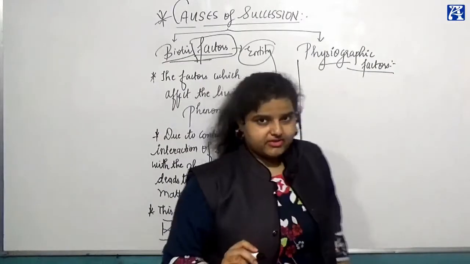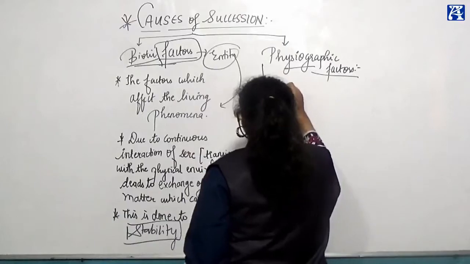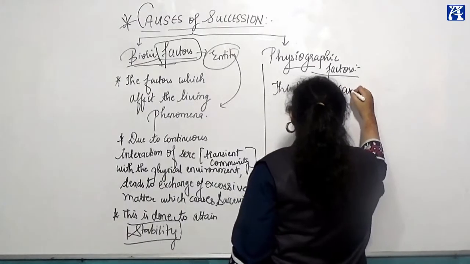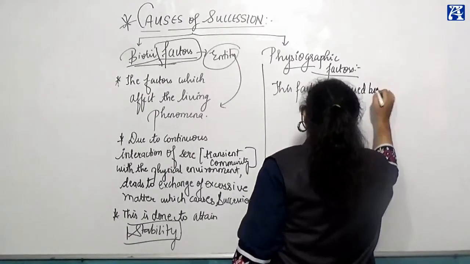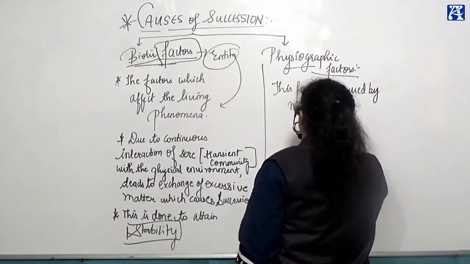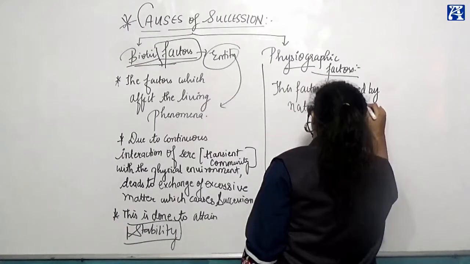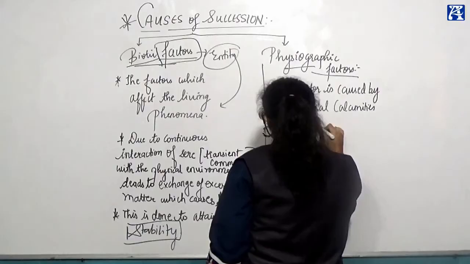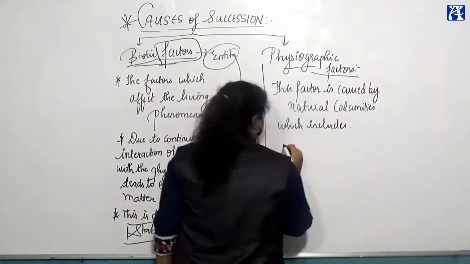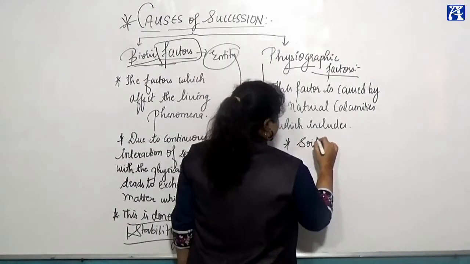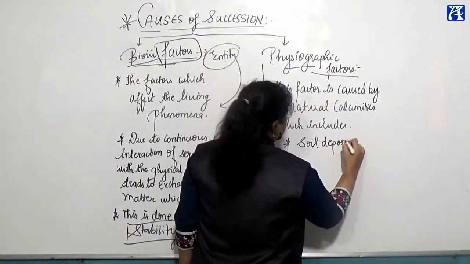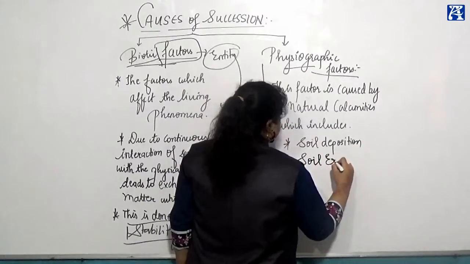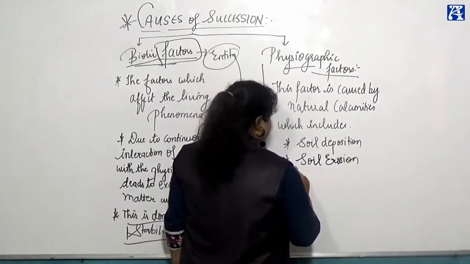Now the next point is physiographic factors. What is this physiographic factor? This factor is caused by natural calamities, which include soil deposition, unwanted soil deposition, soil erosion, famine.